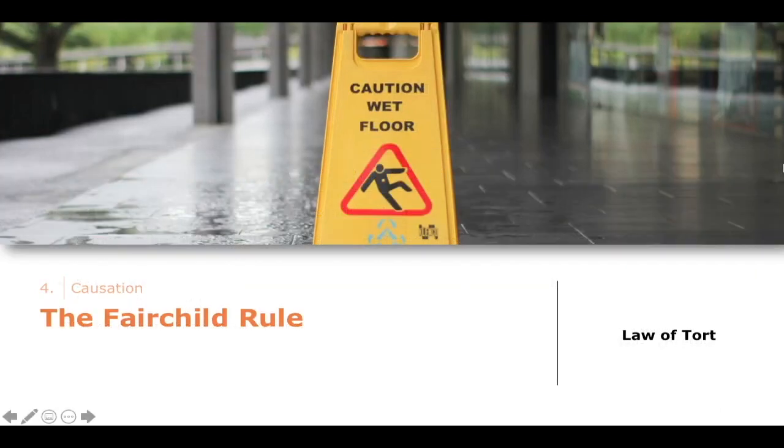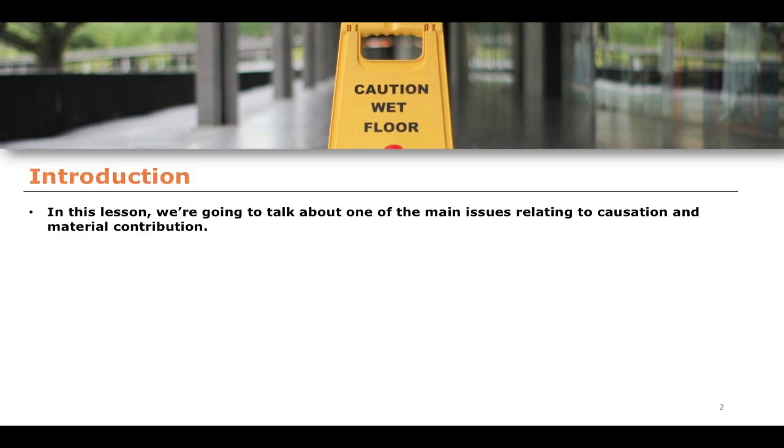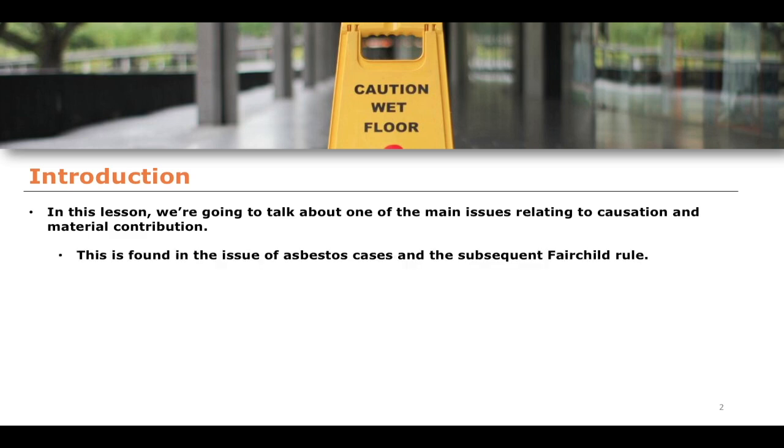In this video, what we're going to do is continue talking about causation for the law of torts, focusing on this idea known as the Fairchild rule, which represents something of an exception to this idea of material contribution in establishing causation. Now, this is one of the main issues relating to causation and material contribution, because it is a very limited rule that is applied.